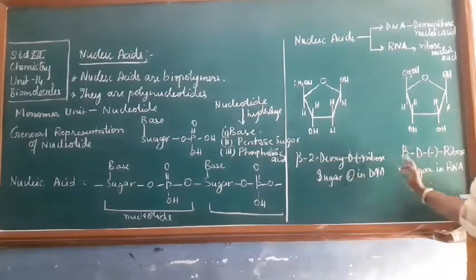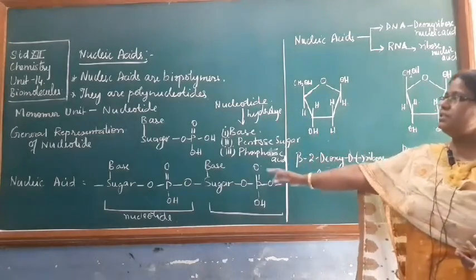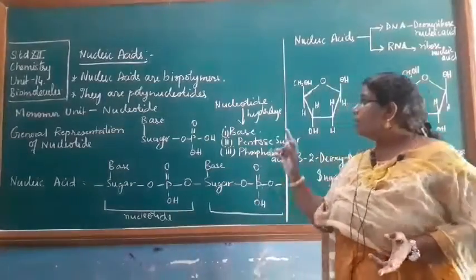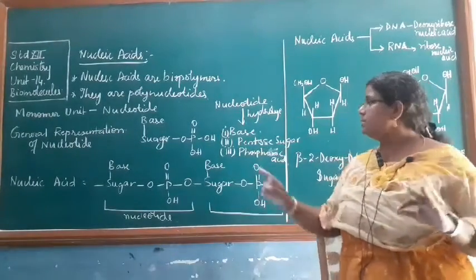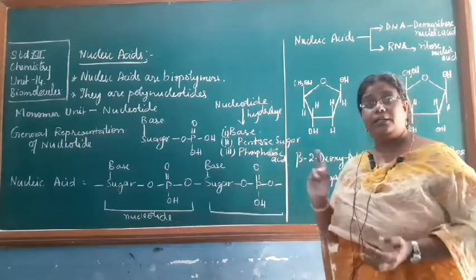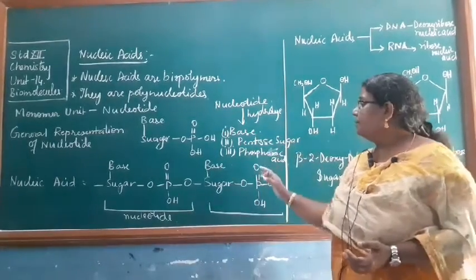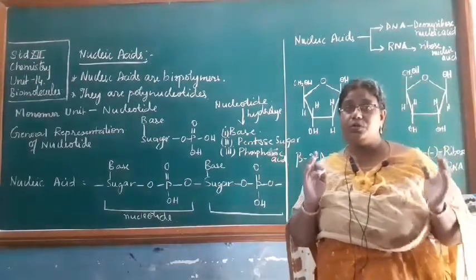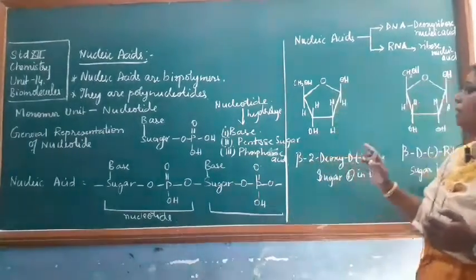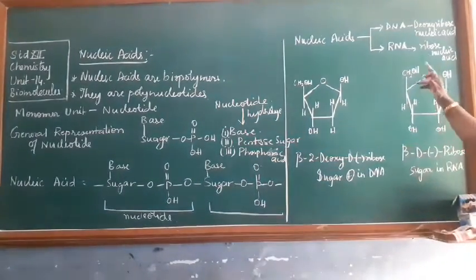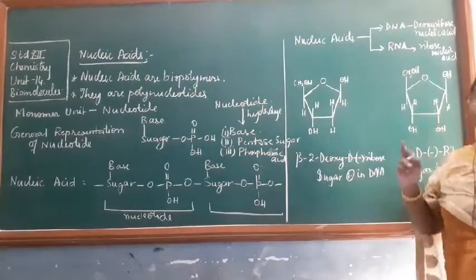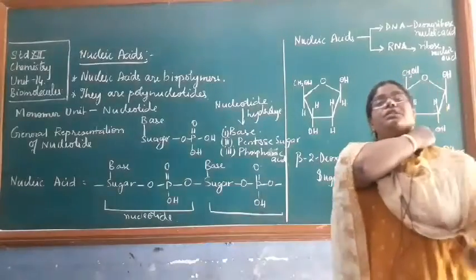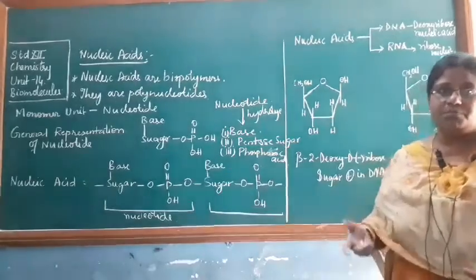Followed this much part? What did I explain just now? Nucleic acids are biopolymers. They are made up of nucleotides. A nucleotide has three components in it: base, pentose sugar and phosphoric acid. This is the representation of a nucleic acid where a number of nucleotide molecules are joined together. There are two types, DNA and RNA. DNA is the nucleic acid which exists in our body, while RNA is the nucleic acid which may exist in a virus or some bacteria.